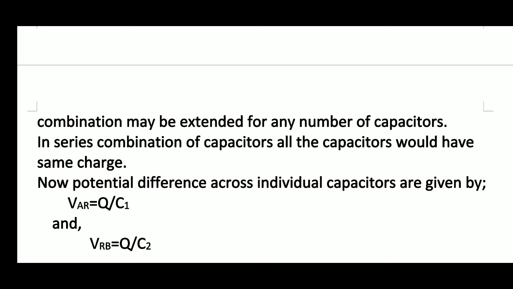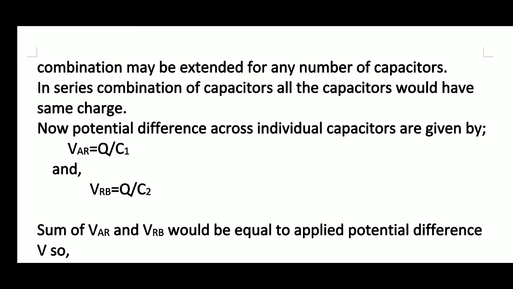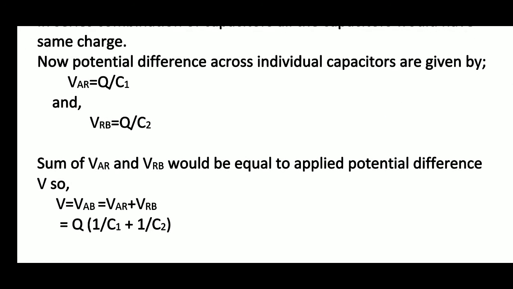Now the potential differences across individual capacitors are given by VAR is Q by C1 and VRB is Q by C2. So the potential difference will be divided. The sum of VAR and VRB would be equal to the applied potential difference V. So we can say that V, the potential difference across AB, VAB, is equal to VAR plus VRB.